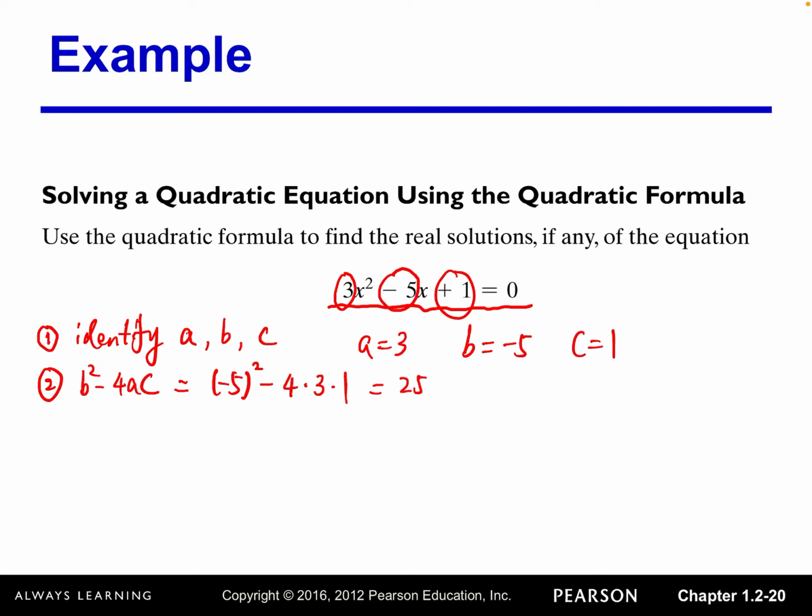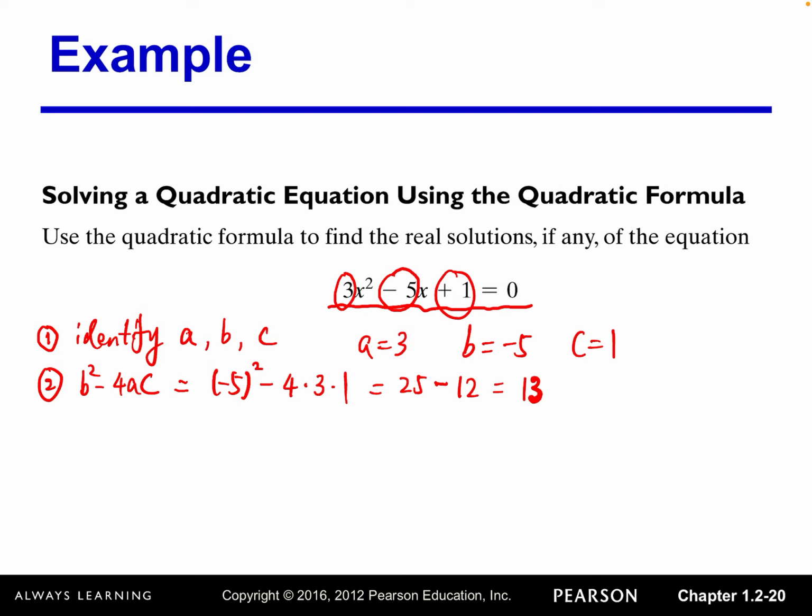Any number, when squared, is always positive. Then minus 4 times 3 times 1, that's 12. So that gives us positive 13. What is this number telling us, based on what you've learned so far? Earlier, we talked about when the value of the discriminant is a positive number. We should have two unequal real number solutions, right?